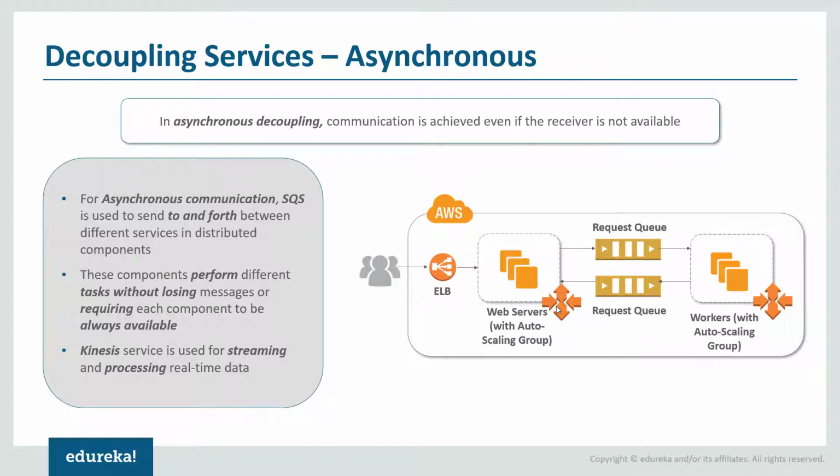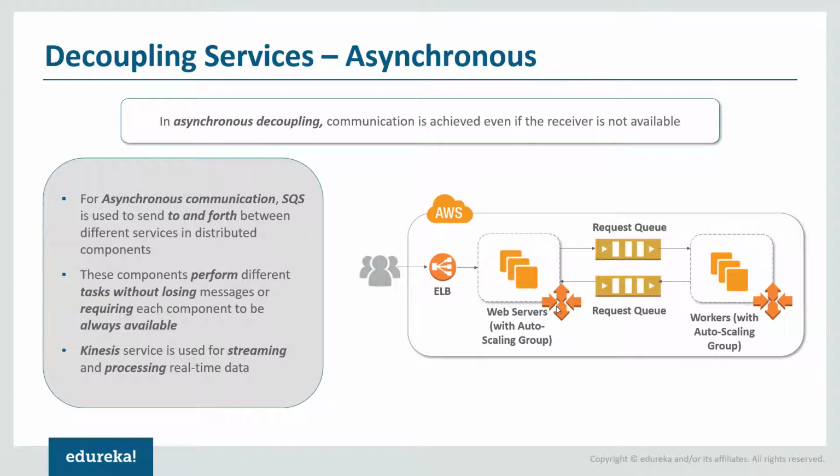A worker picks up a job from a web server and does the job. It's okay if the job doesn't happen in real time. Whenever you don't want real-time communication between decoupled systems, applications, or components, you can use something like SQS.